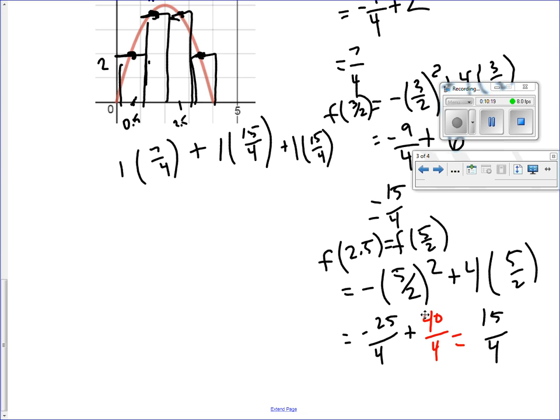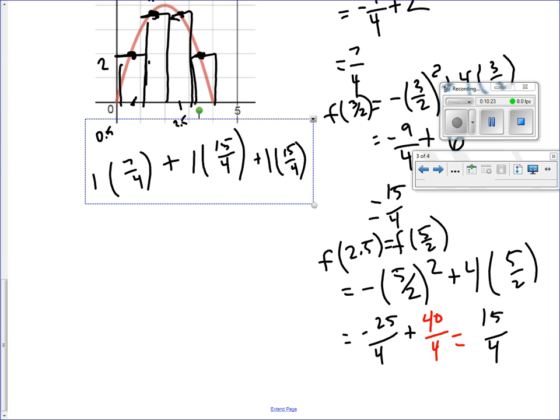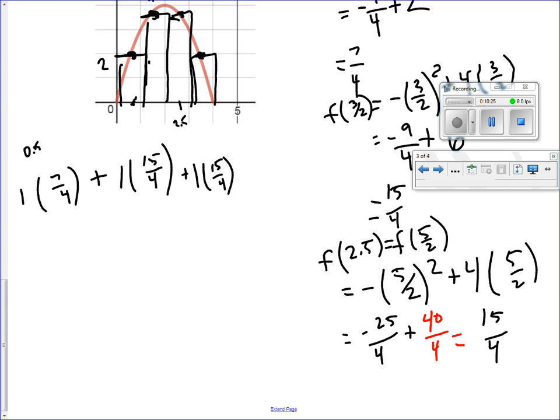And then the last one, the midpoint happens at 3.5. So f of 3.5. And again, fractions are going to be a lot easier. That's 3.5. 3 is 6 over 2, and another half will be 7 over 2.